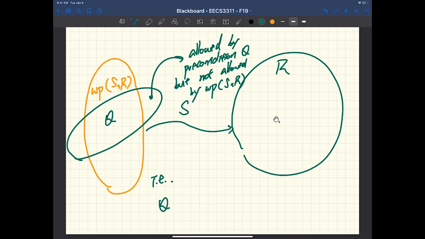I.e., Q implies WP for S to establish R is not the case. I just want to talk about the concept a little bit. So always have this kind of concept in your mind when we want to do the calculation.